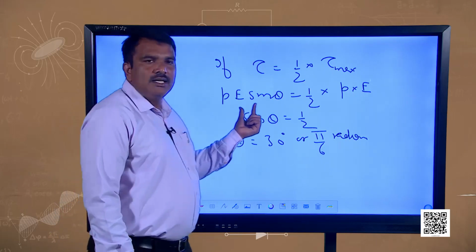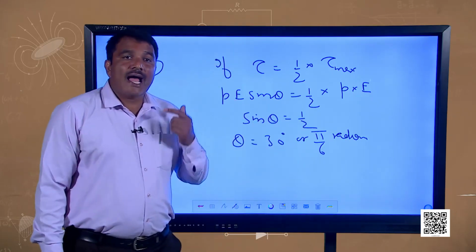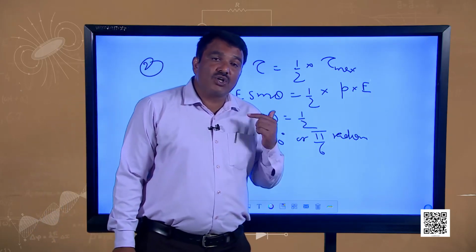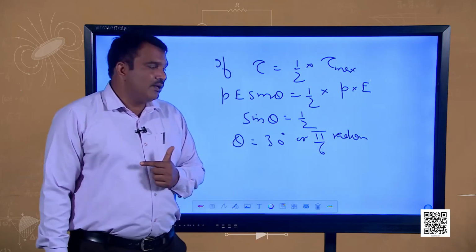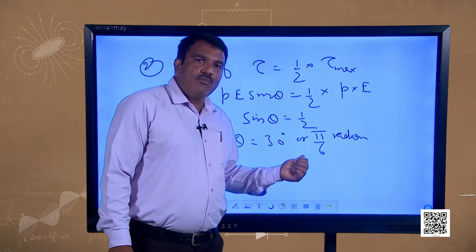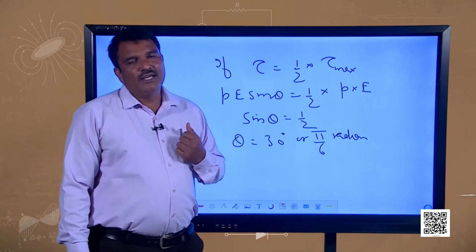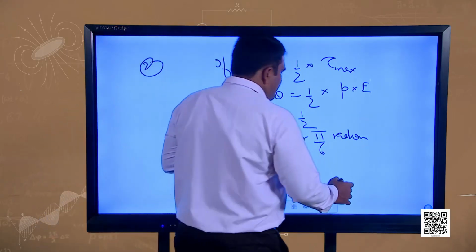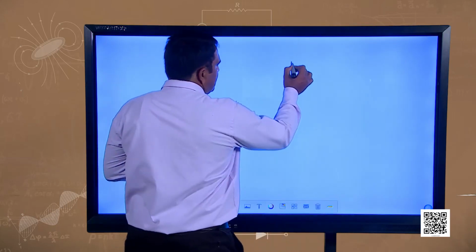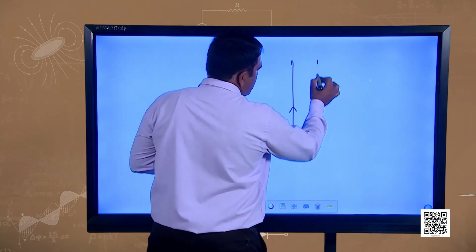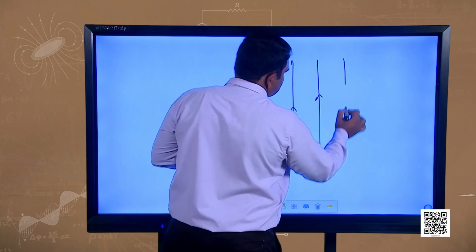That means a dipole will experience a torque which is half the maximum value when the dipole moment of the dipole makes a 30 degree angle with the direction of the electric field, and you can show it diagrammatically like this.